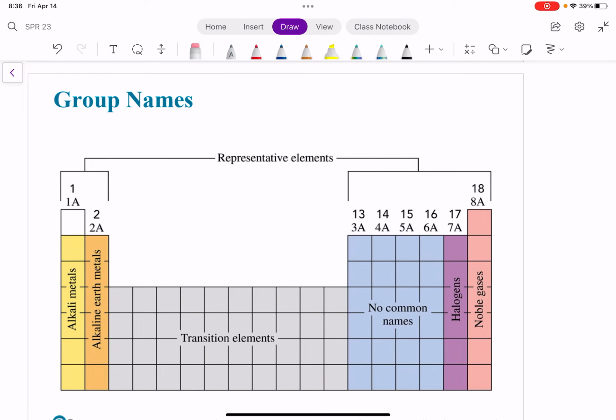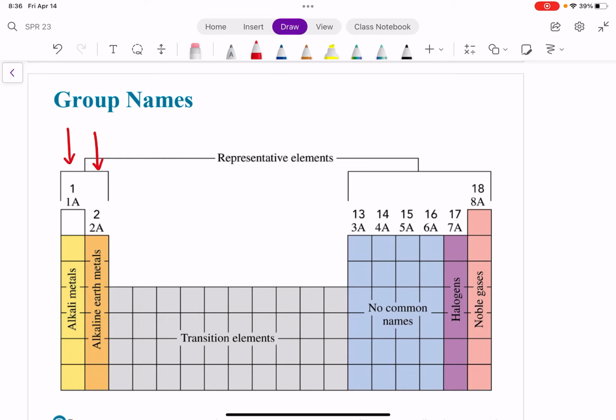The first group is called the alkali metals, and you do need to memorize these group names. These are very important. So the alkali metals is the first group, except for hydrogen, that's why it's in white. The second group is called the alkaline earth metals, and you can label your periodic table.